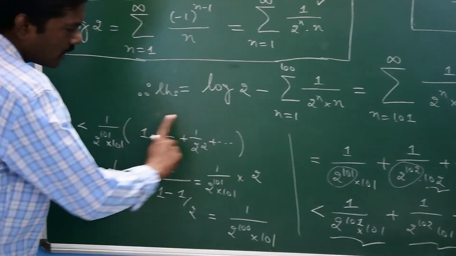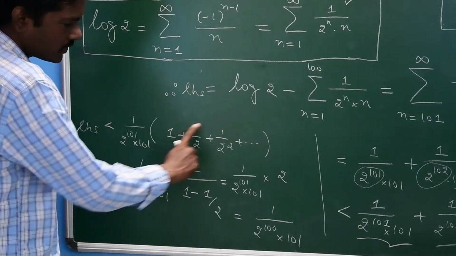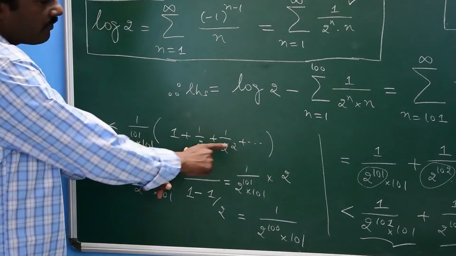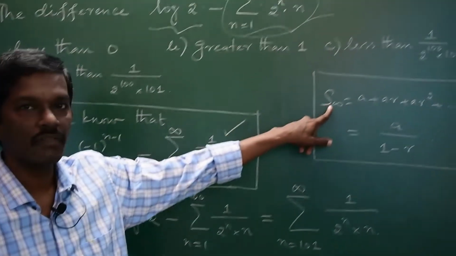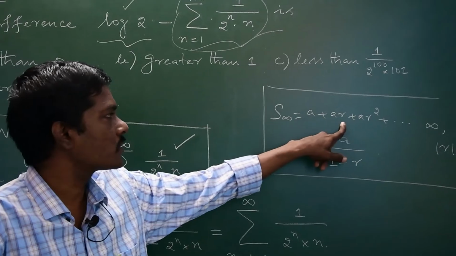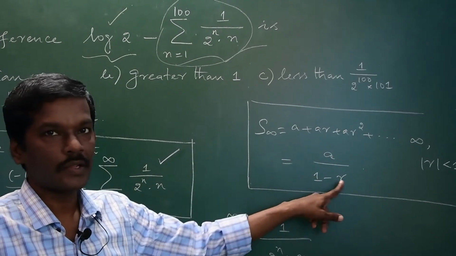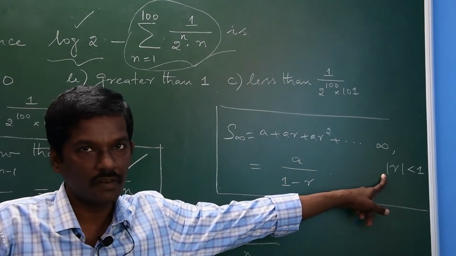But this is an infinite geometric series. And we know that the sum to infinity of a geometric series a plus ar plus ar square and so on is a over 1 minus r, where mod r is strictly less than 1.